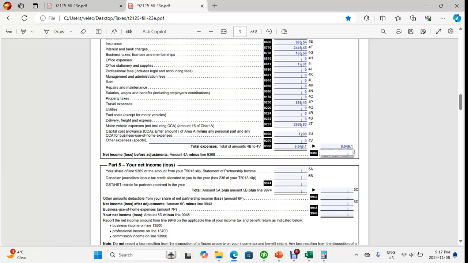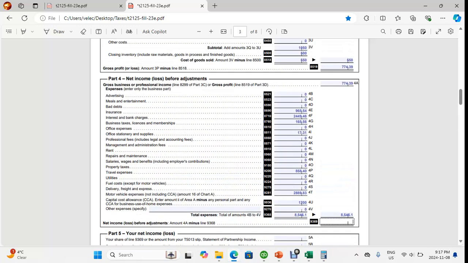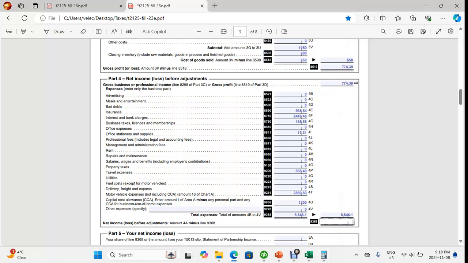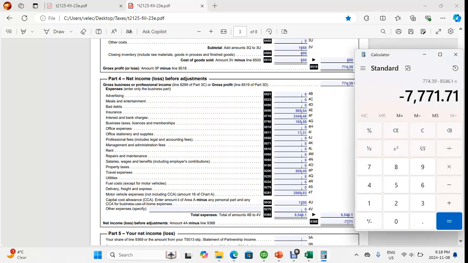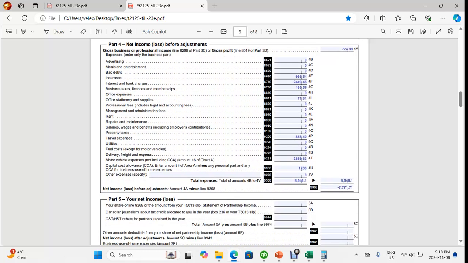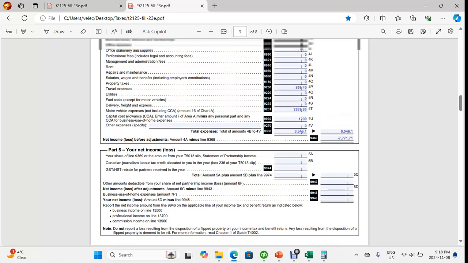Since it's negative, this will be 774.39 minus 8,546, a total of $7,771.71. So that will be line 9369. Your net income or net loss, in this case, is a net loss based on expenses.